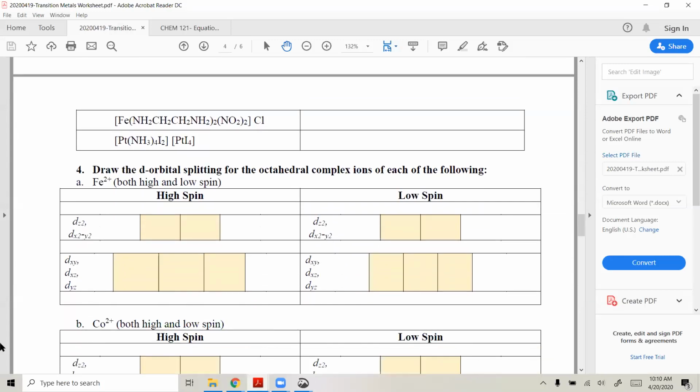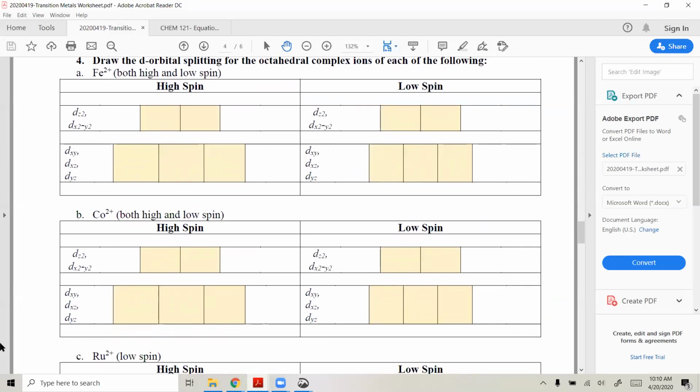Does anyone have any questions on naming before we move over into this orbital splitting? So I'll tell you the same thing I tell my CHEM120 people: naming is about repetition and it's about being systematic as you work your way through. So I would strongly recommend that you practice, practice, practice.